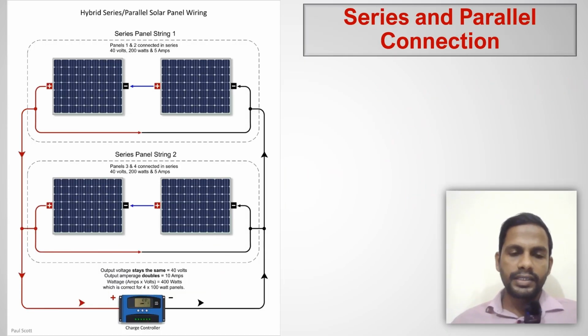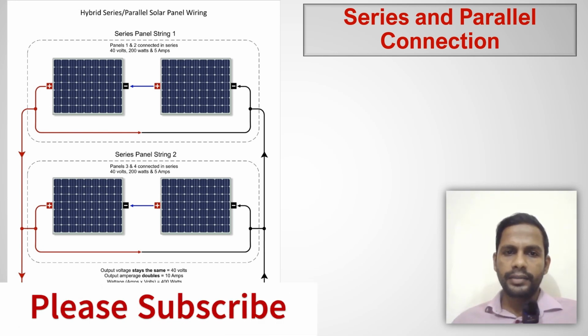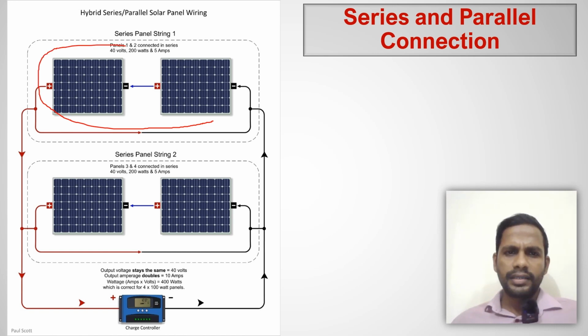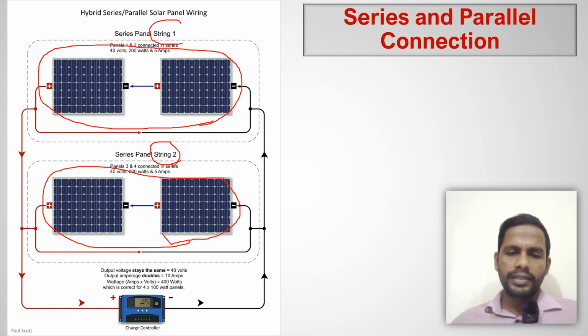This is another example of series and parallel connection. Again, this is a string, a 2 module string. This is another string. These two strings, string 1 and string 2, come to the charge controller.